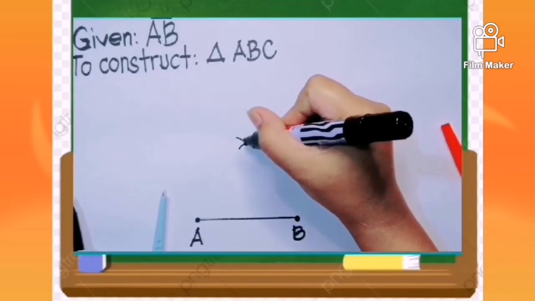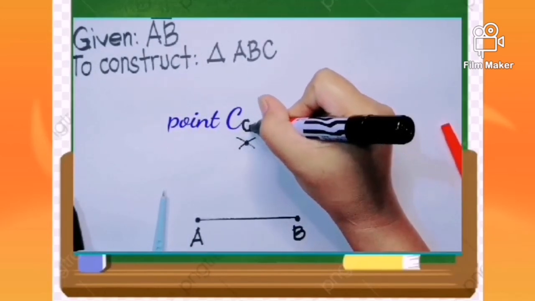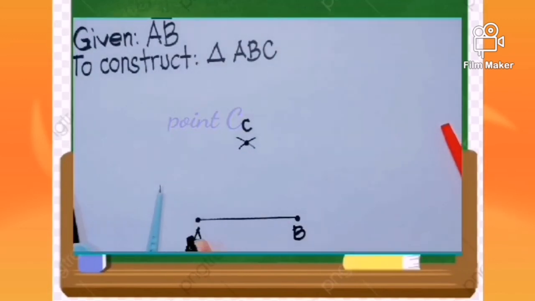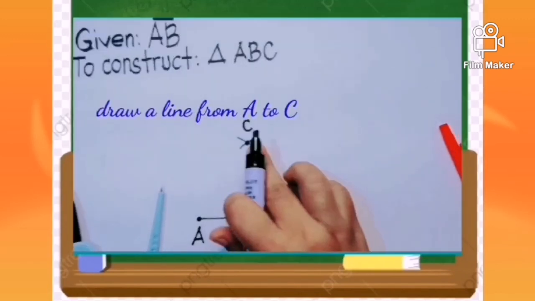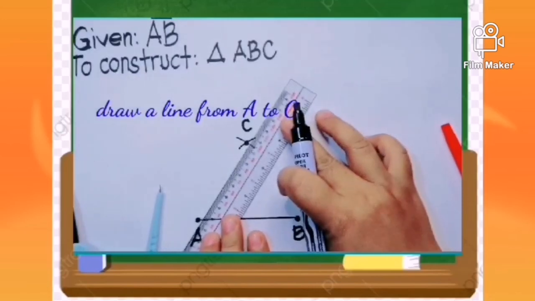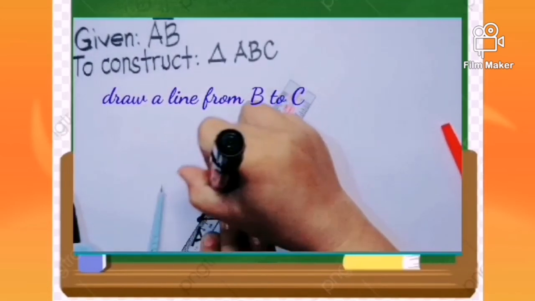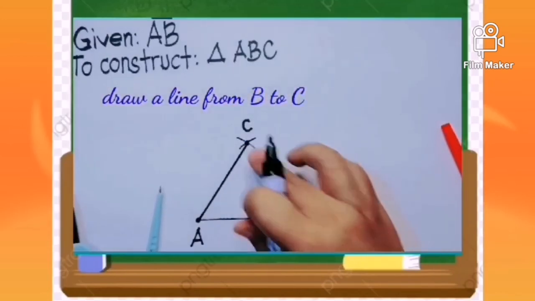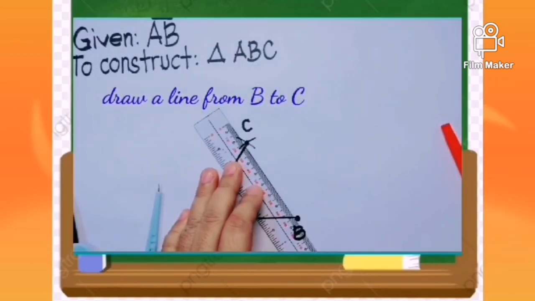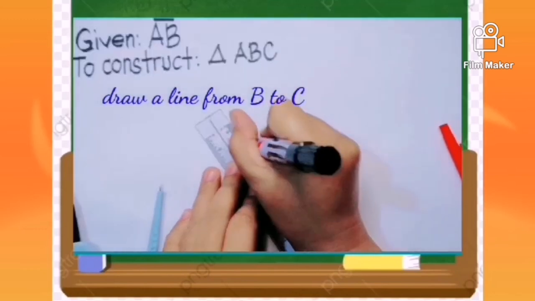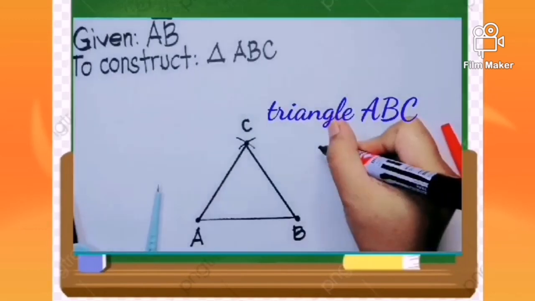So this will be our point C. From here, we have to draw a line from A to C, then another one from B to C. So we have here our triangle ABC.